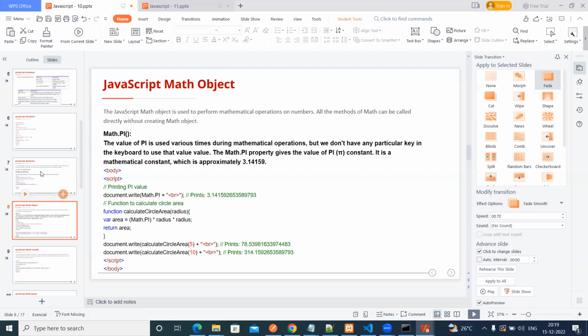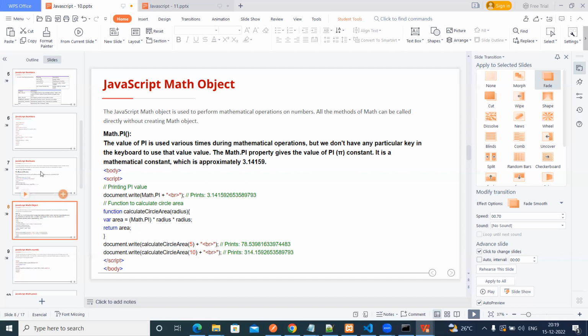Now, the first method in the numbers concept. Using numbers, we can do only mathematical operations, mathematical functions only. In that, the first one is Math.PI.